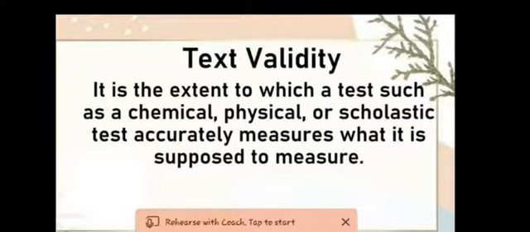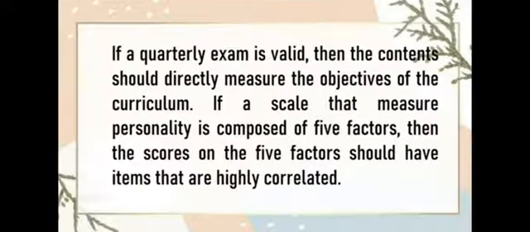A test is valid when it measures what it is supposed to measure. Validity pertains to the connection between the purpose of the test and which data the teacher chooses to quantify that purpose. For example, if a quarterly exam is valid, then the contents should directly measure the objectives of the curriculum. If a scale that measures personality is composed of 5 factors.